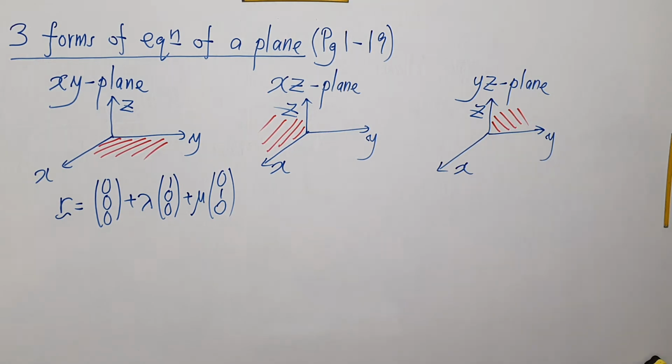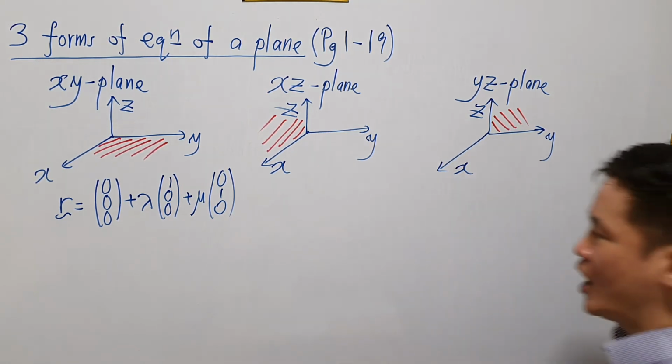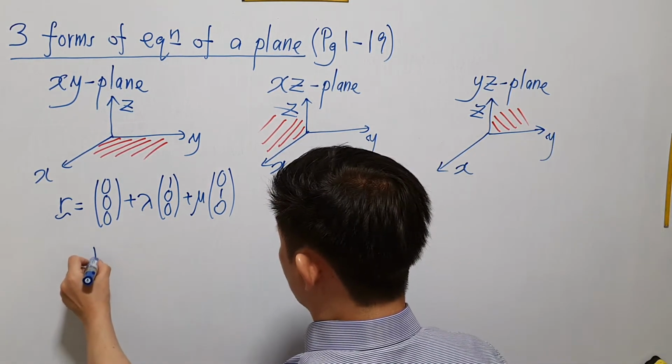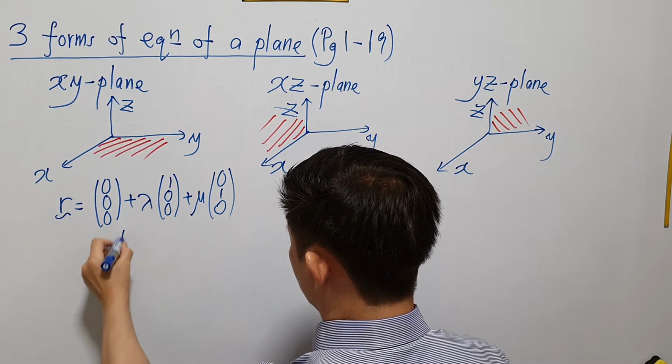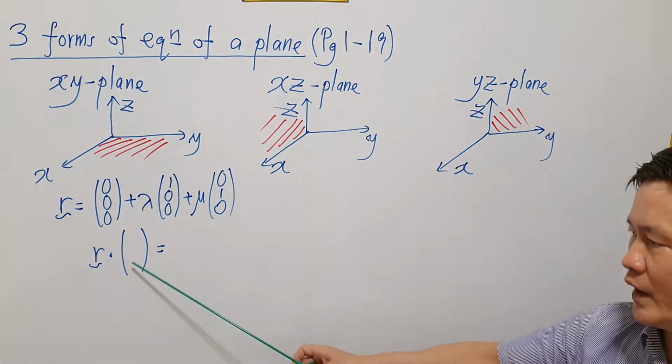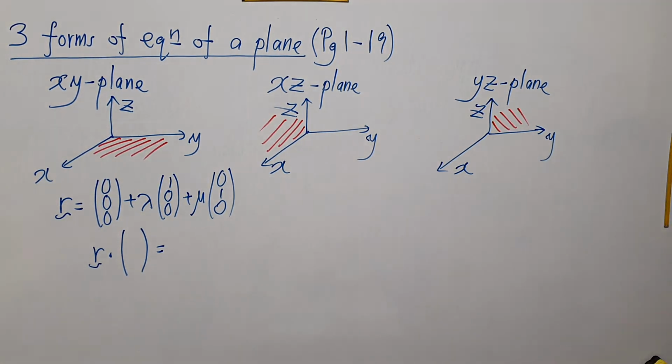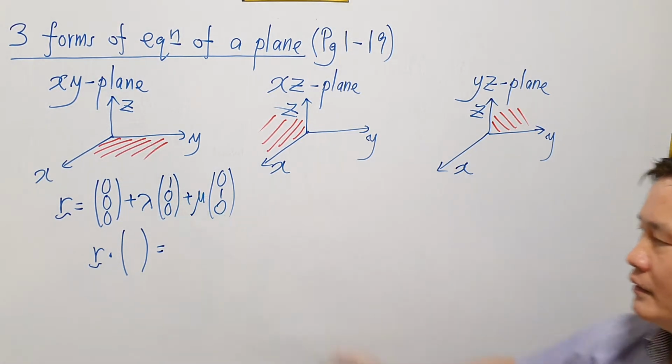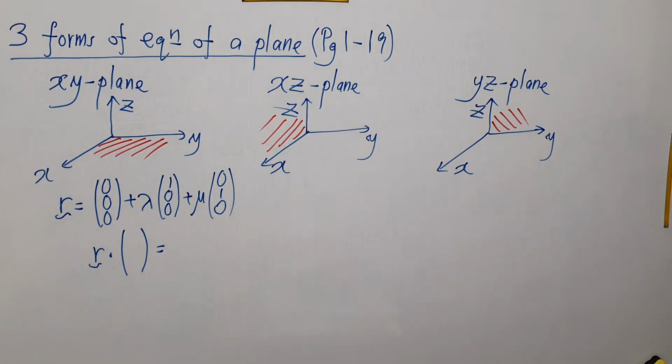Now, if you want to write down the equation of this plane in the dot product form, you need r dot, right? You need a vector. Now, bear in mind, this is always a vector that is perpendicular to the plane in question. In the case of the xy plane, what do you think is a vector that is perpendicular to the xy plane?